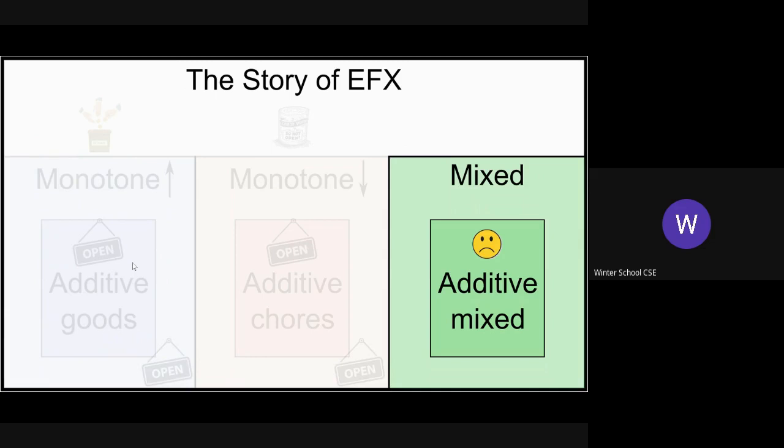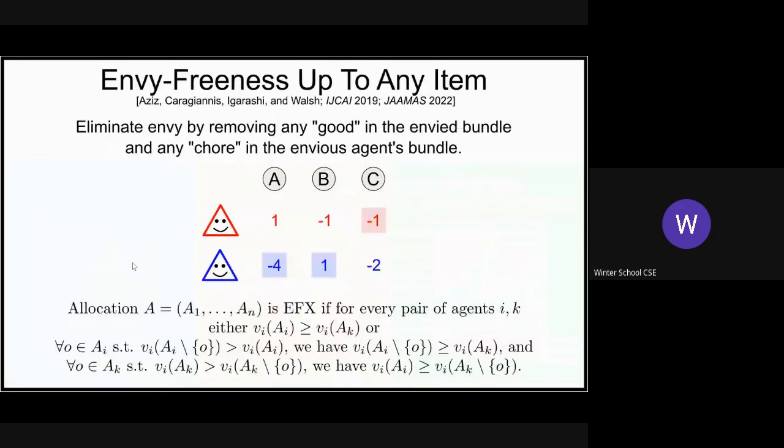Here we actually know that EFX does not exist, even for additive instances. First of all, how do you define EFX for mixed items? You should be able to eliminate envy by removing any good, and I say good in quotes because it should be good from the envious agent's perspective, and any chore in the envious agent's bundle, again, chore from the envious agent's perspective.